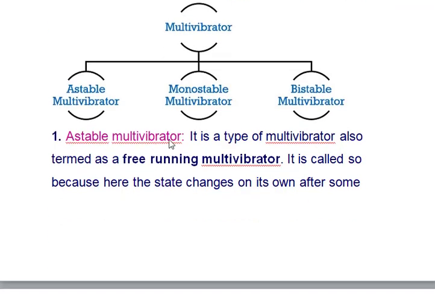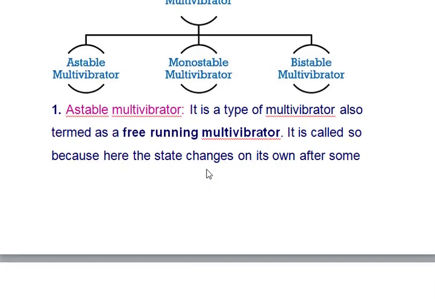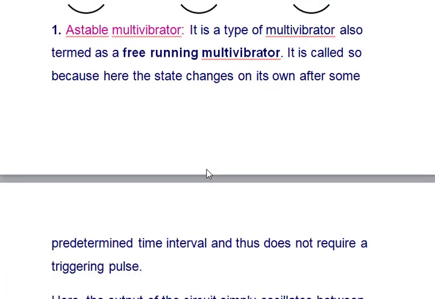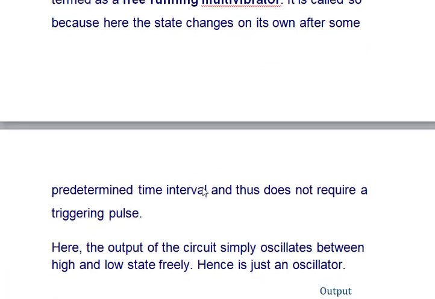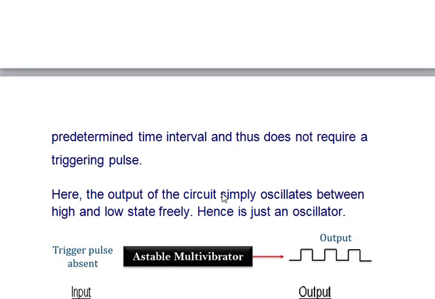What is the astable multivibrator? It is one type of multivibrator, also called a free-running multivibrator, because here the state changes on its own after some predetermined time interval. So it need not require any external triggering pulses to change states.